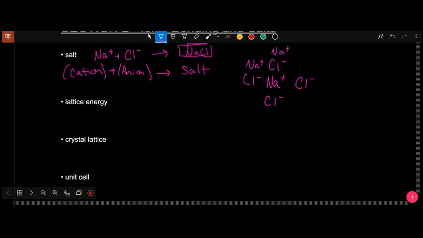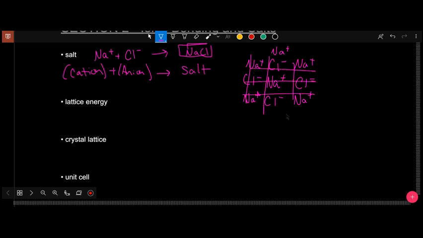And this pattern is just going to keep repeating. And how that pattern is structured is going to be dependent upon the size of these ions and the ratio of them. So since this is a 1-to-1, it's a very simple repeating lattice structure. That's going to look like this.